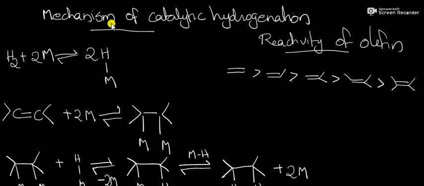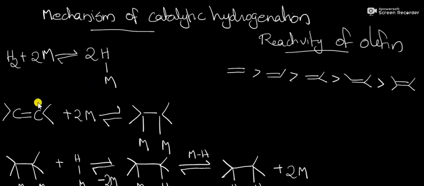Then what is the mechanism of catalytic hydrogenation reaction? The hydrogen molecule is assumed to undergo homolysis into atoms which are chemisorbed on the surface of the catalyst as shown below, where M indicates the site of the catalyst.